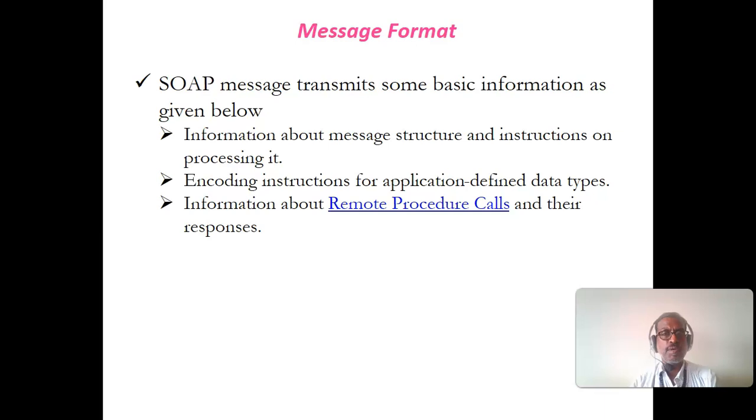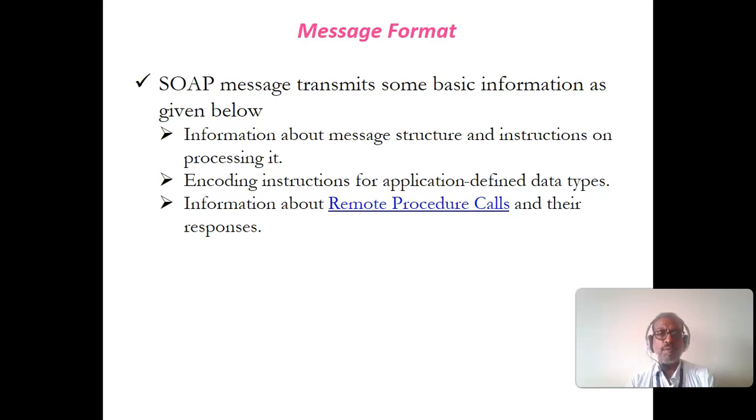And as I said previously, the SOAP protocol provides a simple access mechanism and exchange of messages between two entities, between two nodes, client and server or peer nodes. And also a SOAP message uses XML convention for its exchange.